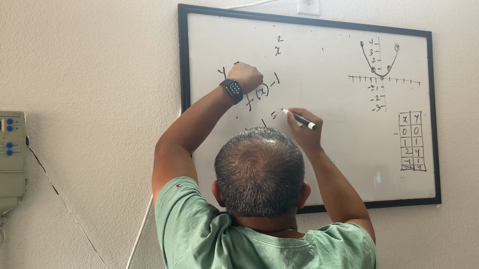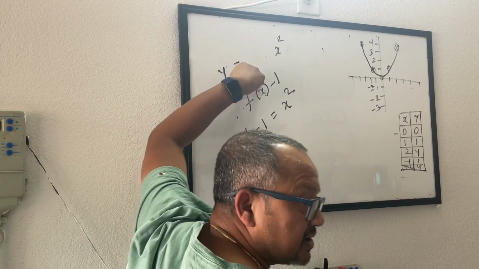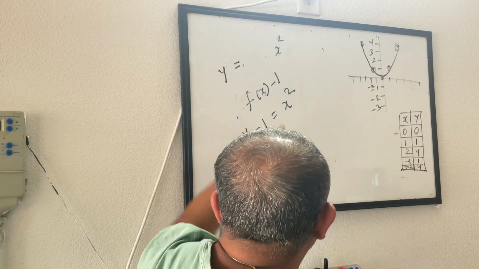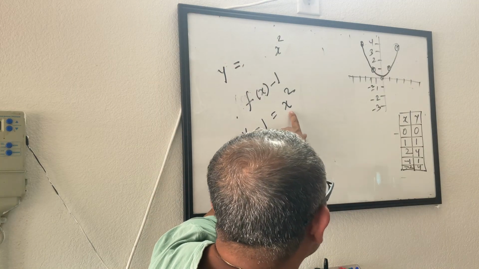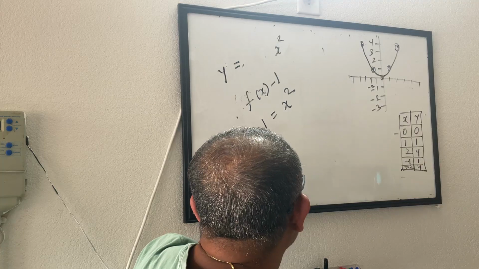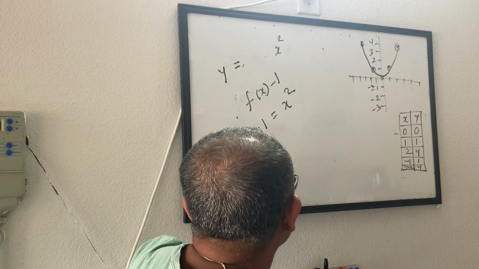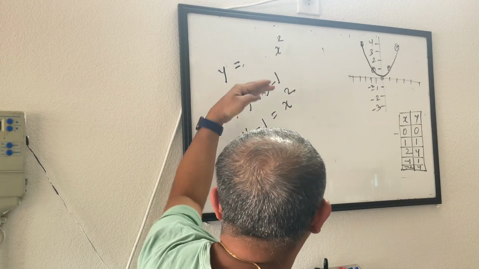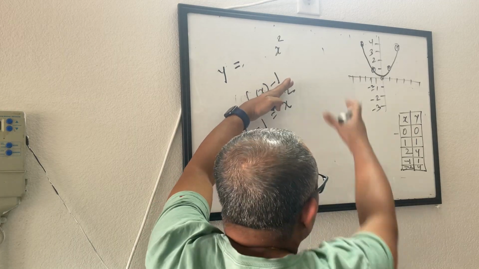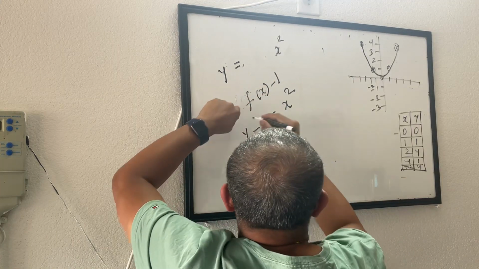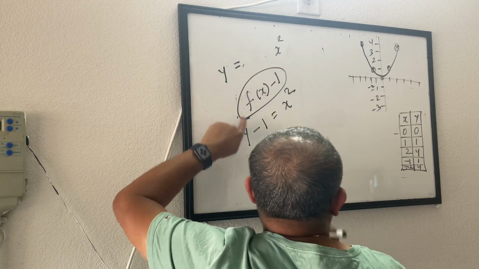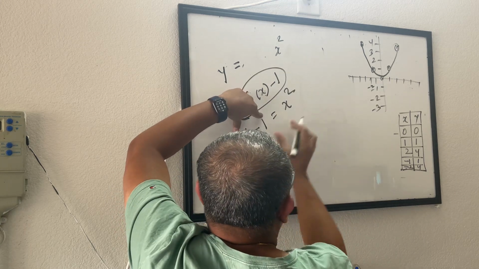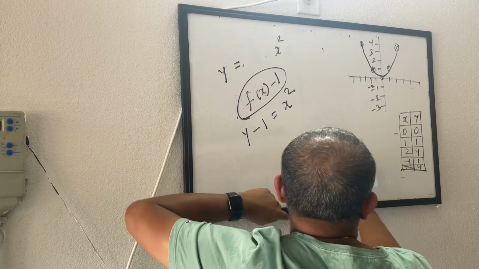So y minus 1 equal to x square. Meaning whatever comes here is the value of x. This is my new equation, and that's what I have to plot, because I am trying to find out f of x minus 1.